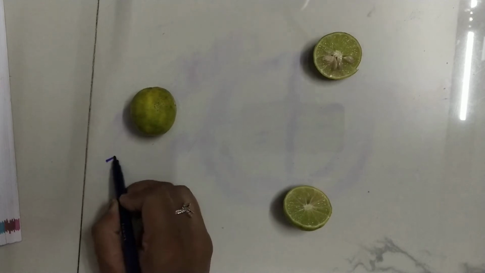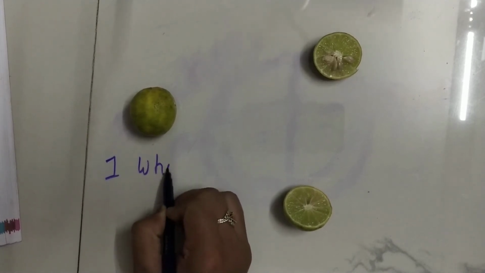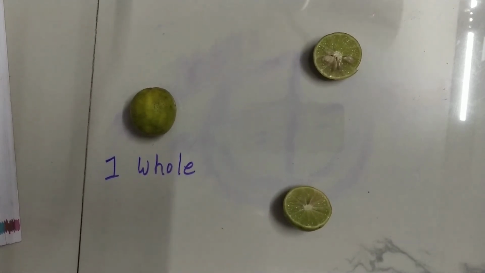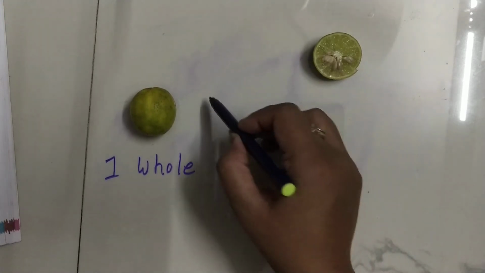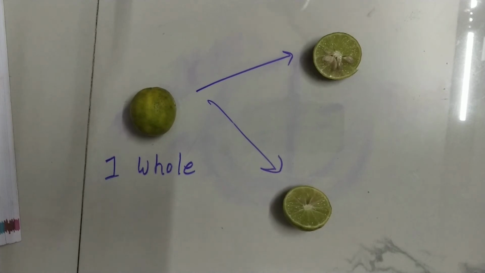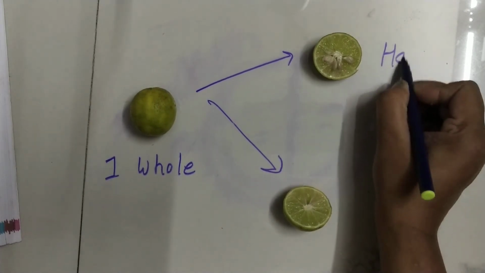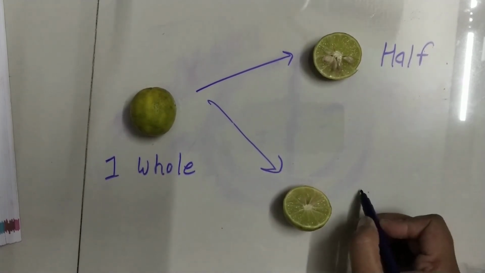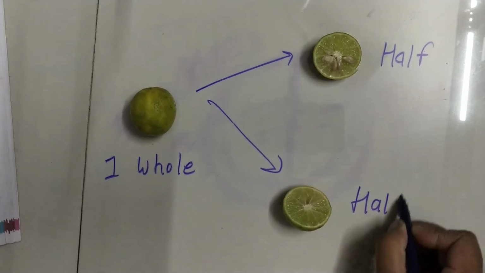This one is known as the 1 whole. But when I cut it into 2 equal parts, then we call it a half, and this one is also a half.